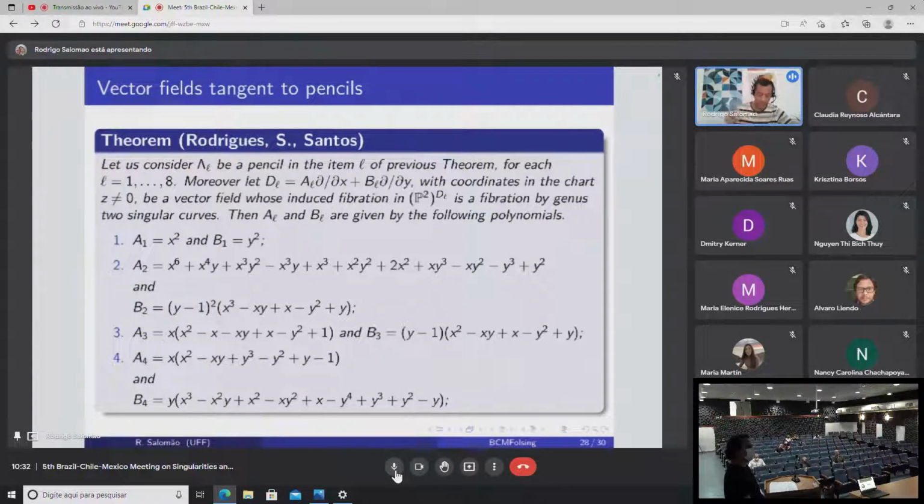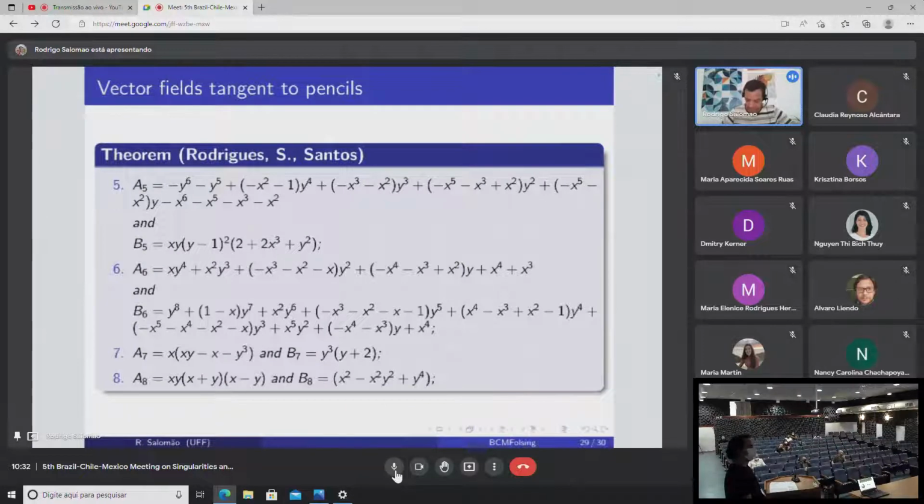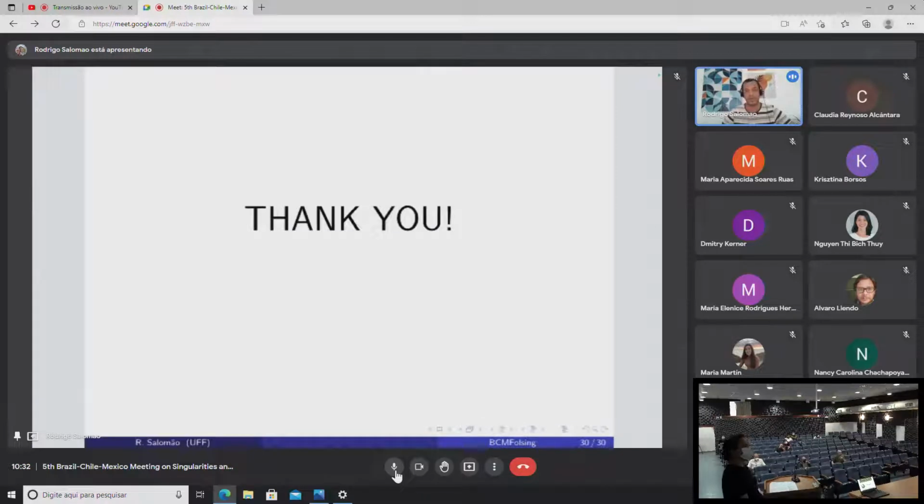So if we have a pencil as in the first item of the previous list, the vector field is given by the vector field D prime, like this one, with a1 equal to x squared and b1 equal to y squared, and so on. So this is the completion of the list, and thank you for your attention.